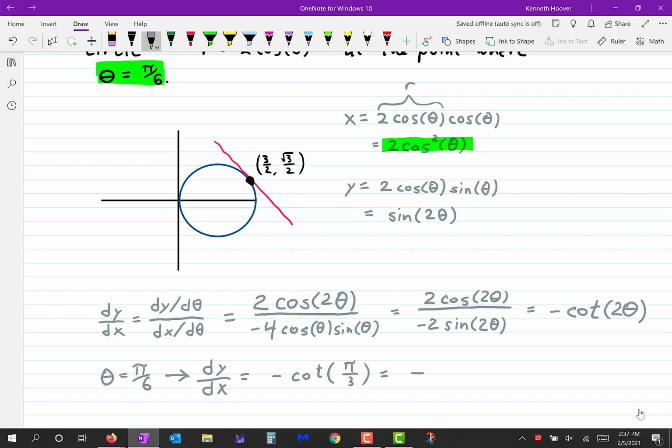Cosine of pi over 3 is 1/2. Sine of pi over 3 is root 3 over 2. So we're going to end up with negative 1 over root 3, which some people would write negative root 3 over 3, but I don't think that's necessary. That's our slope.